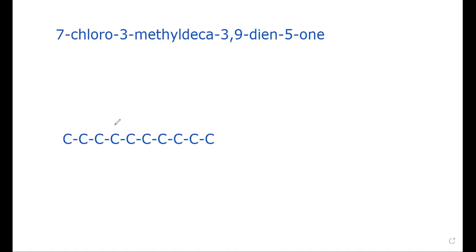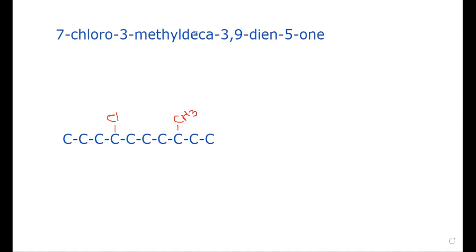This is a 7. Chlorine, chloro. There you go. Now, in the third carbon, you have a methyl. If this is the 7, then that means we started from here. 1, 2, 3. So here you have a methyl, which is CH3.